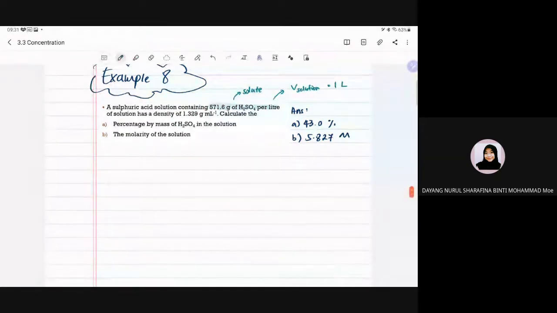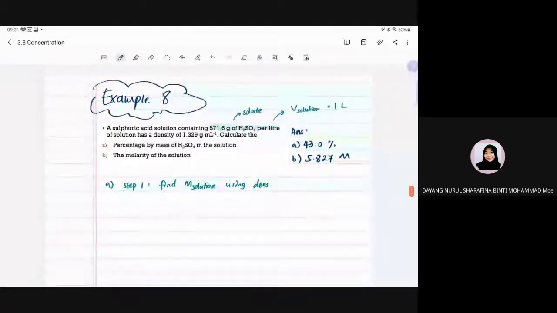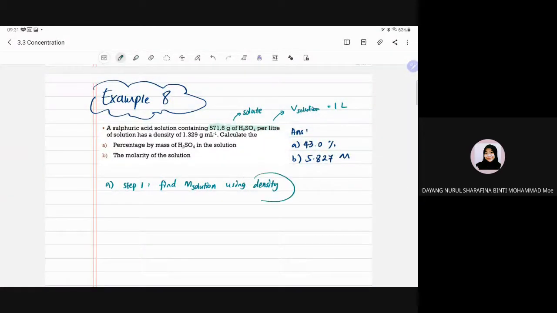Jadi, untuk this one, step pertama, okay, again, I guide you. Untuk A, step 1, find mass of solution using density. Tapi ingat density ni dia bagi tahu dalam grams per ml.